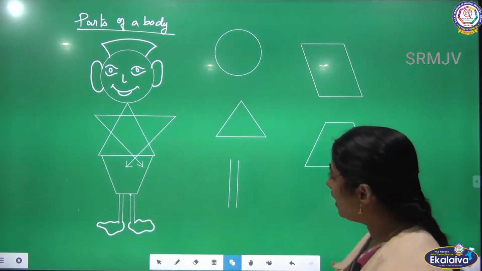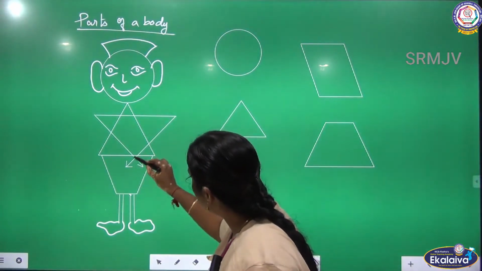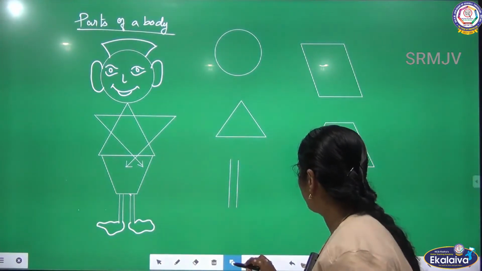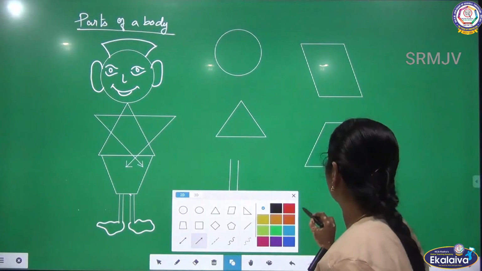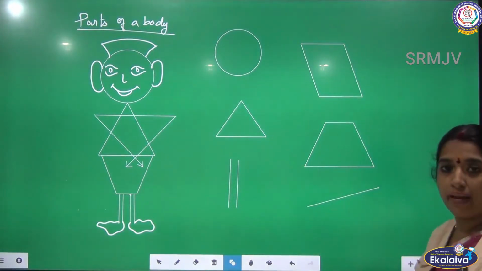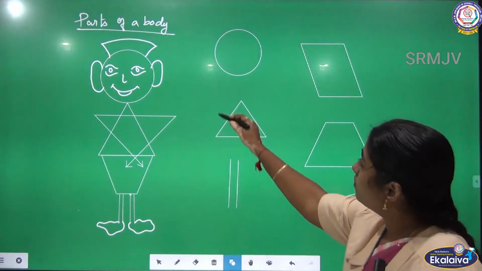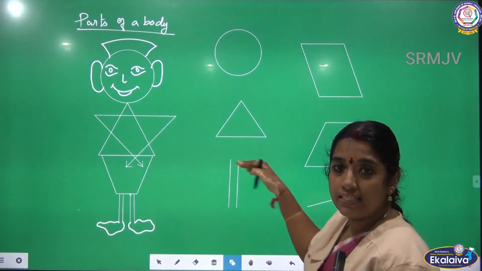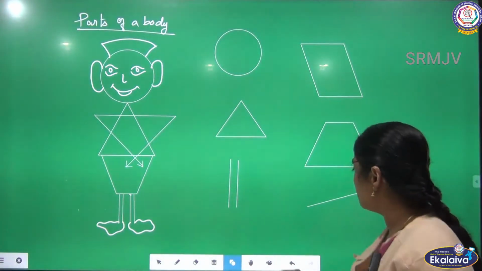Okay. Again, see this. What is this? I can say this to be what? Ray. Okay. So this is a ray. I will explain you. First, what is a figure? In this figure, what are the shapes? Just I am segregating the shapes here. Okay.